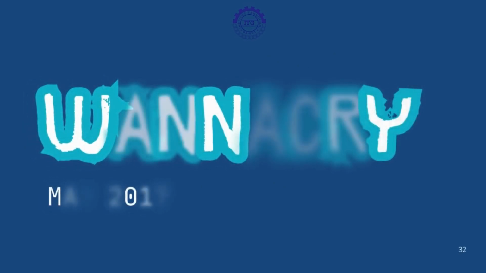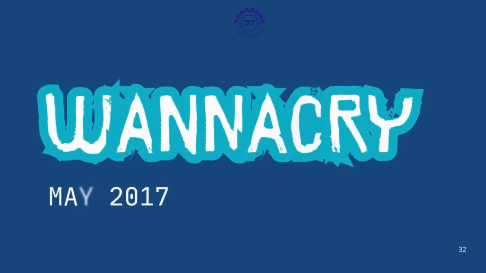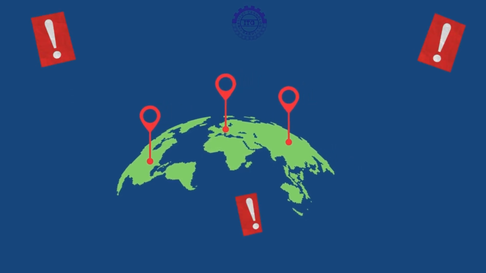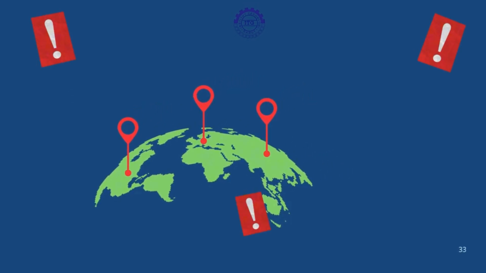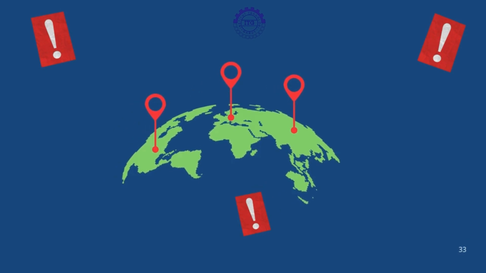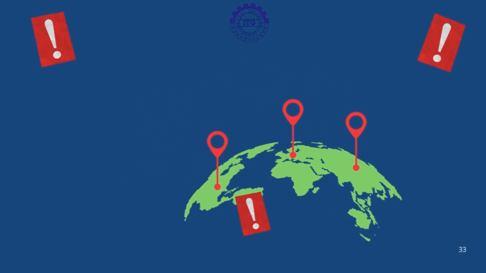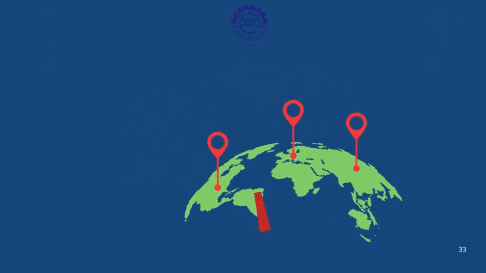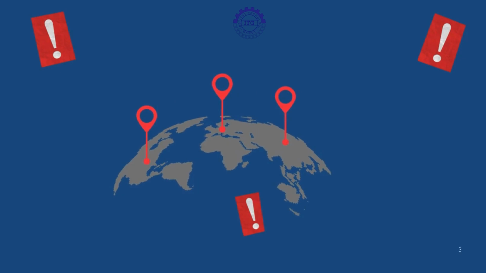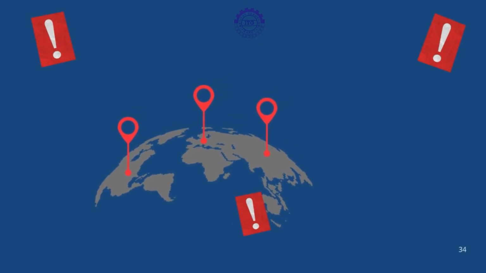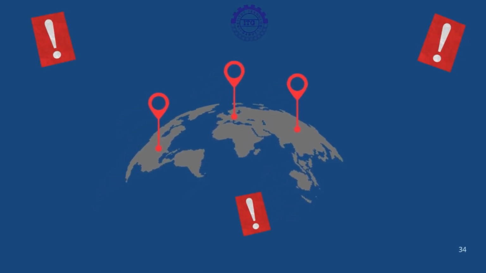The first case is WannaCry, one of the most famous ransomware attacks in the world. In May 2017, WannaCry infected over 300,000 computers in 150 countries. It used a Windows exploit called EternalBlue, originally developed by the NSA.